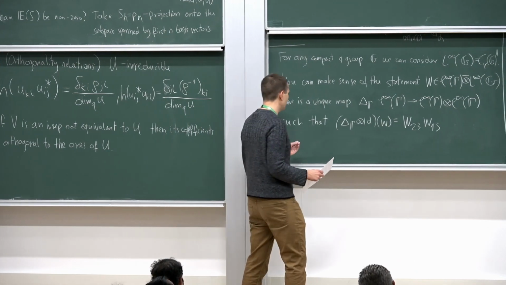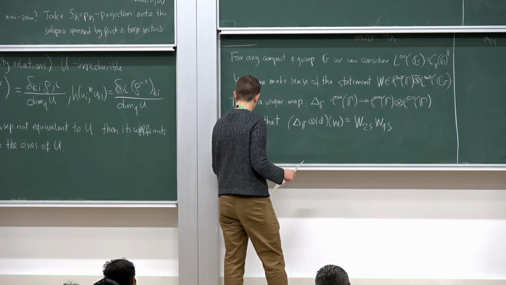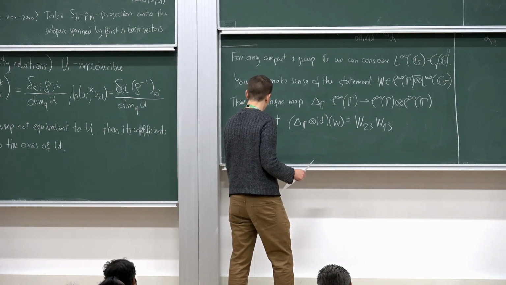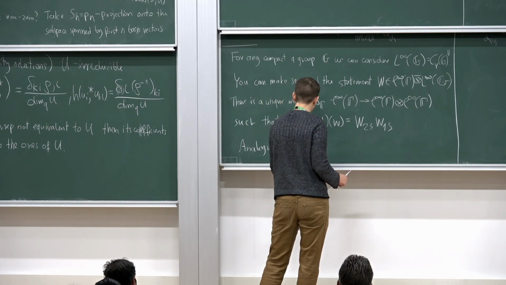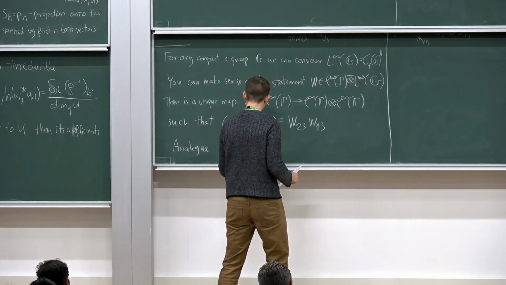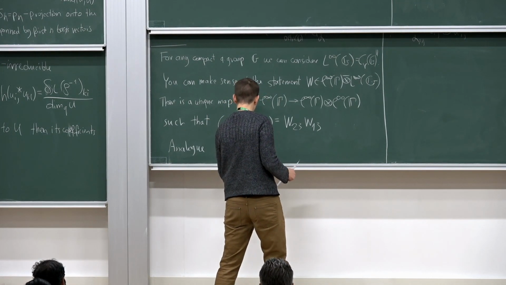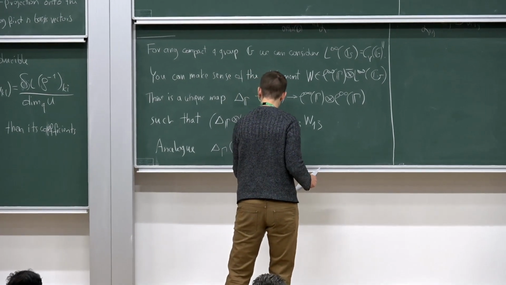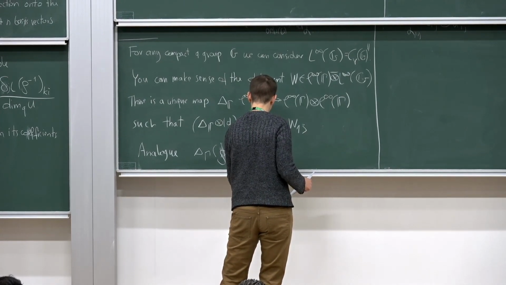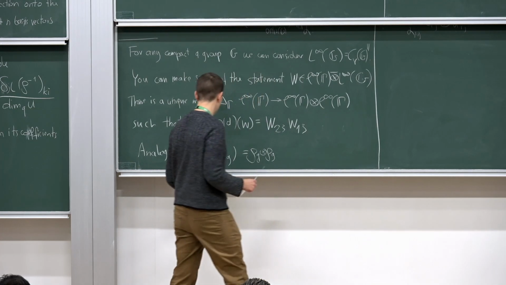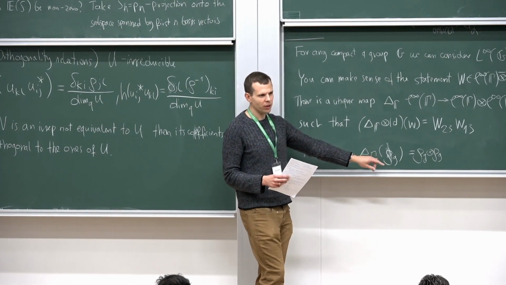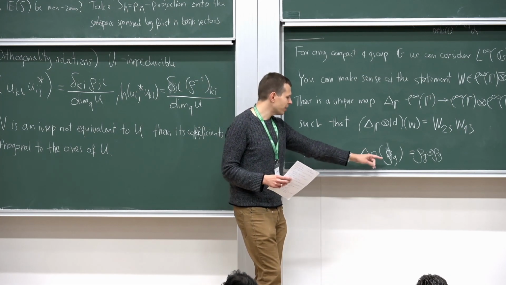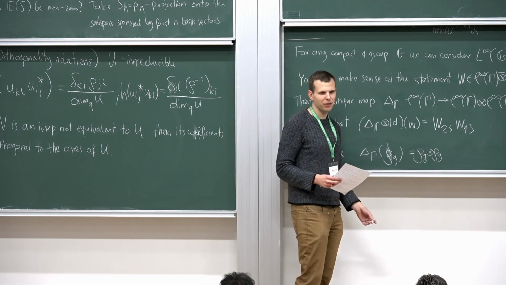It's the analog of the statement that delta gamma on lambda g or rho g, because we're in the right regular, rho g. So now the quantum analog of this definition of co-multiplication for group algebras. But of course, we cannot really write this because everything is pointless.